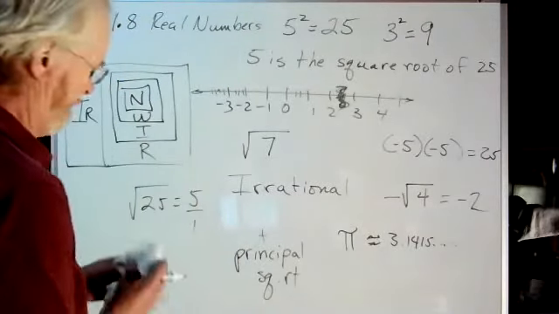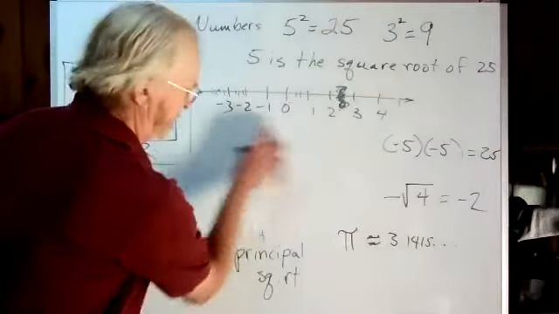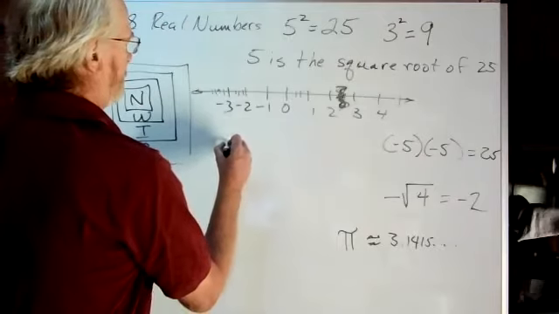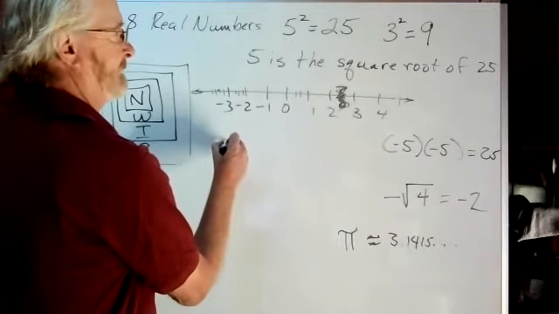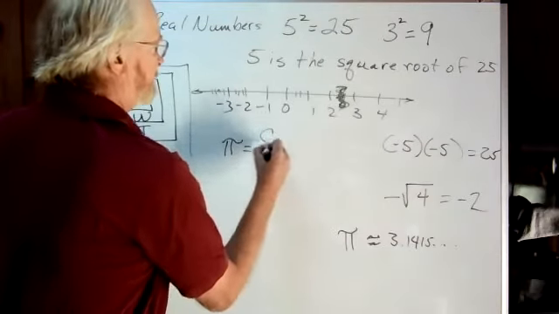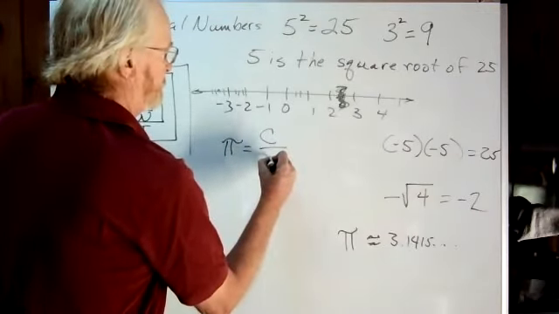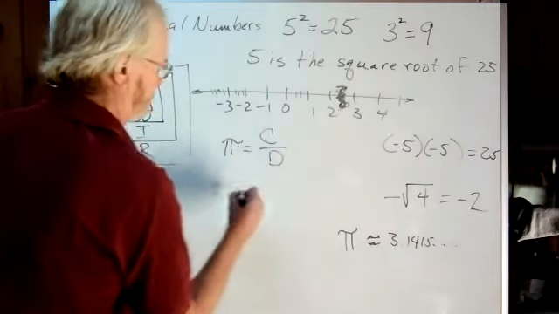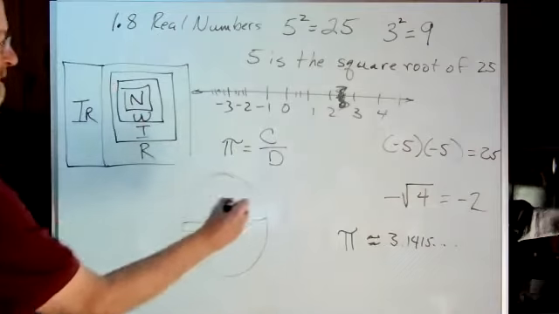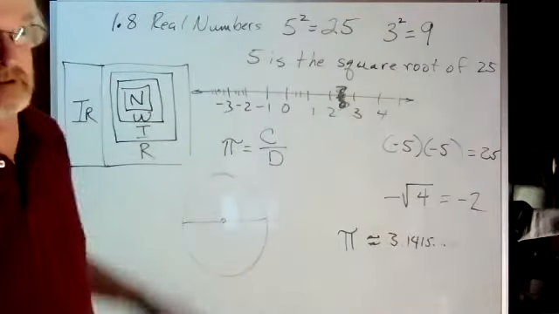Pi, we'll talk about this more later, is defined as the ratio of the circumference of a circle to its diameter. Circumference is how far around, and the diameter is the distance across.